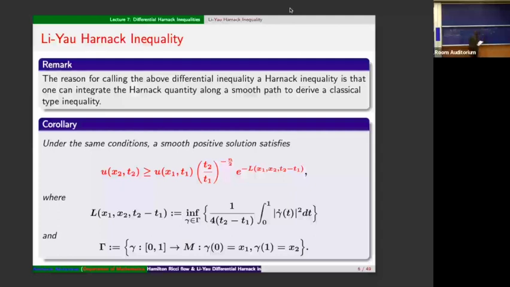Remark: if M is a geodesic manifold, the L that we have can be expressed explicitly, L(x1, x2; T1, T2), as d squared of x1, x2.